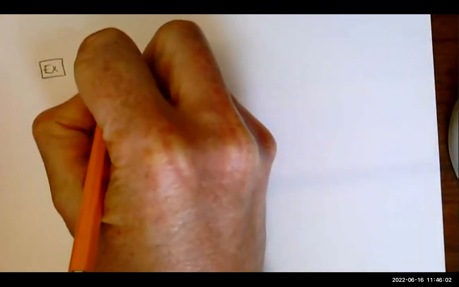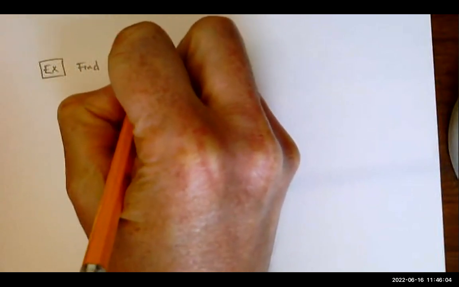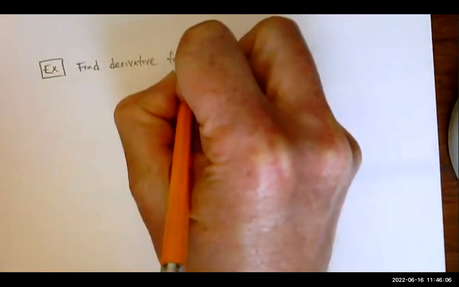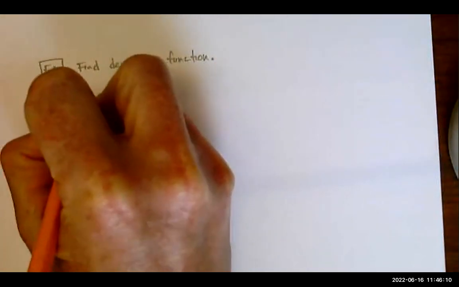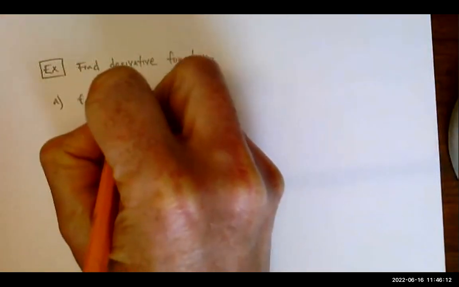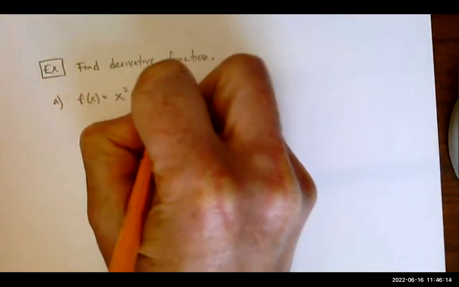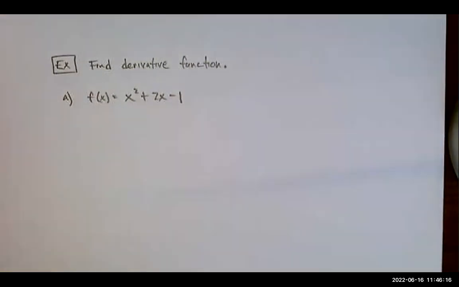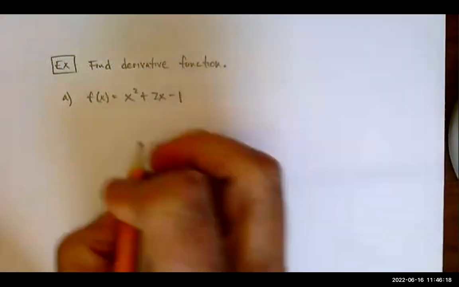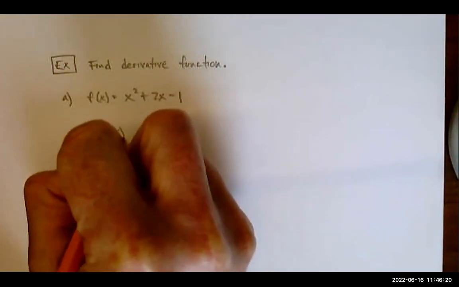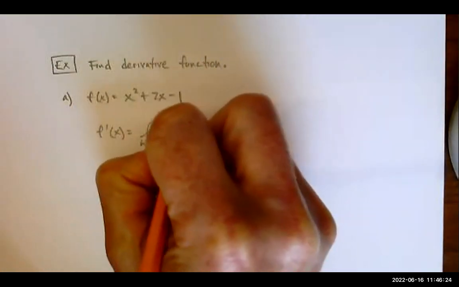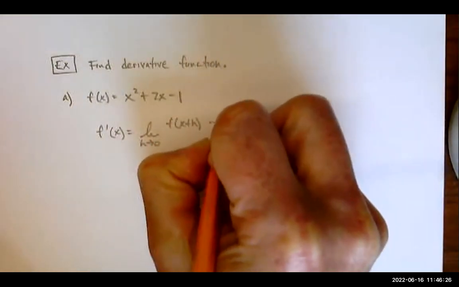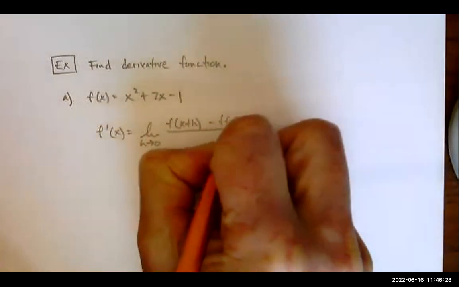Example, find the derivative function. F of x equals x squared plus 2x minus 1. Okay, let's do it for this one. Let me write our formula, f prime of x, the limit as h approaches 0, f of x plus h minus f of x all over h.